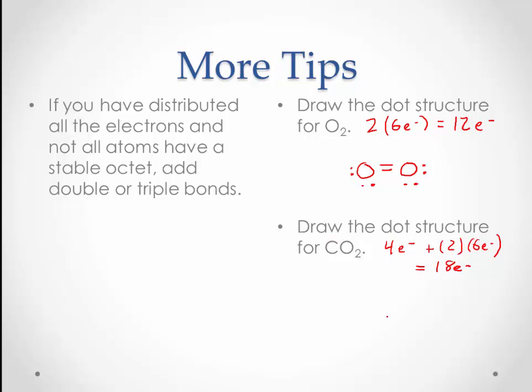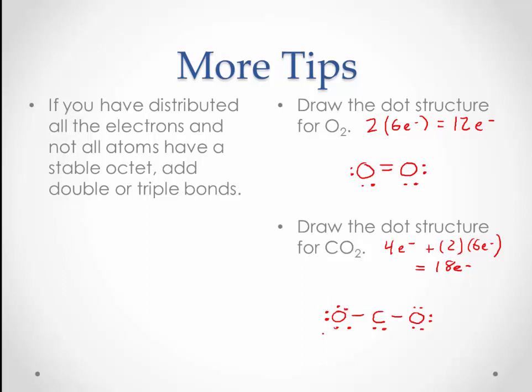Remember, the first thing in the formula usually goes in the center, and then we put everything else around it. So 2 oxygens bonded to the carbon. So that's 4 electrons we've taken care of so far, 2, 4. And I'm just going to start distributing them around. 6, 8, 10, 12, 14, 16, 18.